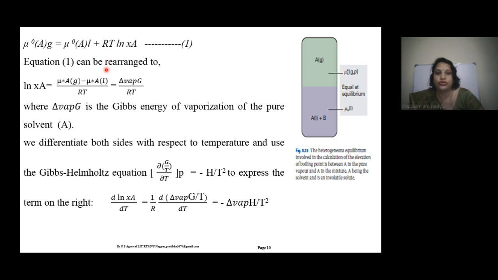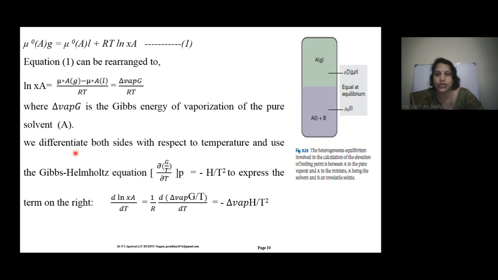We show in the justification that the equation implies that the presence of solute at a mole fraction XB causes an increase in normal boiling point from T star to T star plus delta T. From this we can calculate ln XA, where delta vap G is the Gibbs free energy of vaporization of the pure solvent.